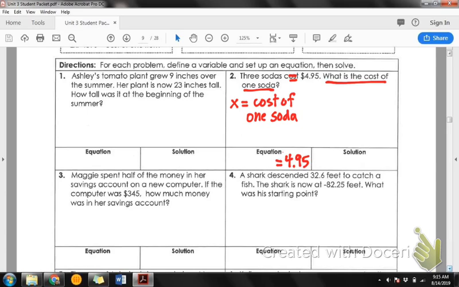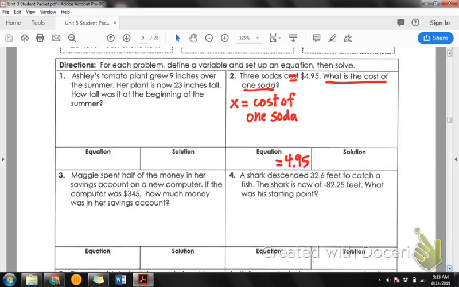All right, 3 sodas cost $4.95. Do we know how much each soda is? Okay, do you know how much each soda is off the top of your head? No. The answer is no, we don't. Terry's already done some math. He's working ahead. Okay, but we do know that there are how many sodas? 3.